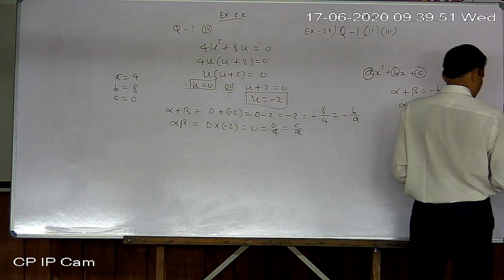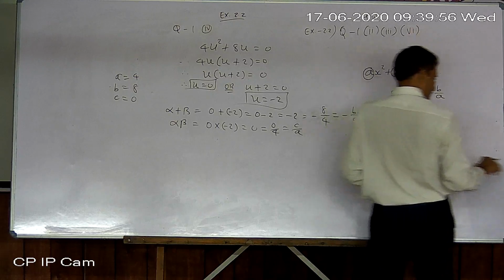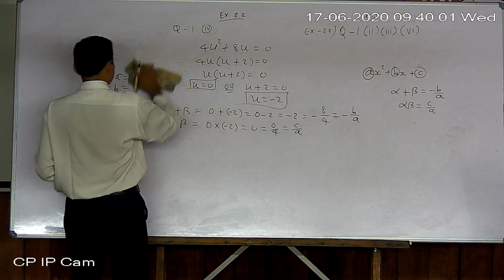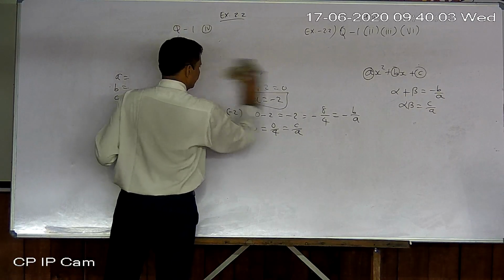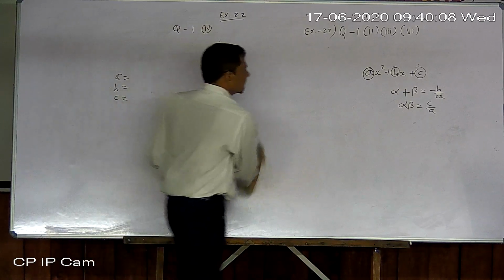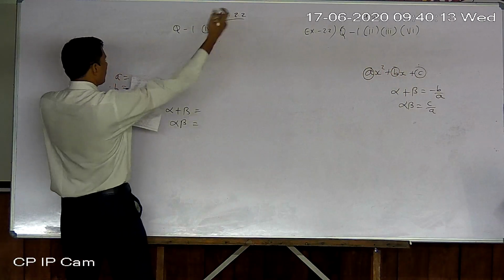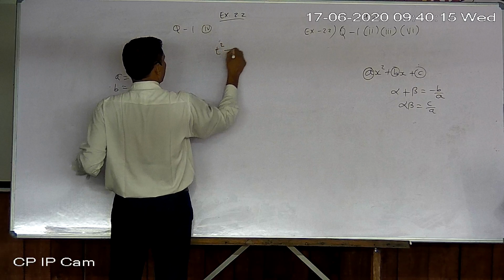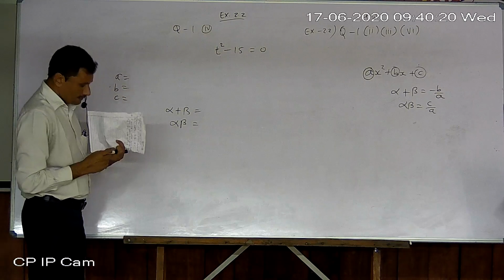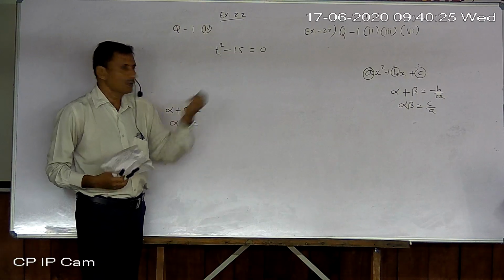T square minus 15 equals 0. 6-1 homework, I am just going to solve number 5. There are two ways to solve this one.